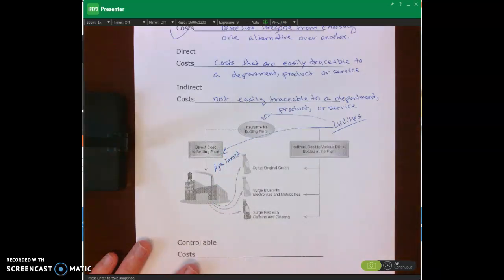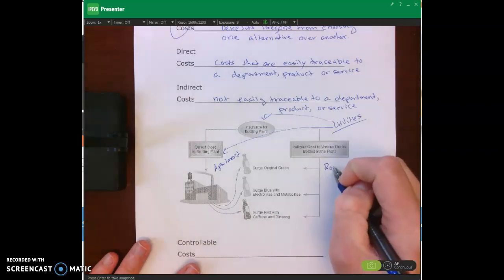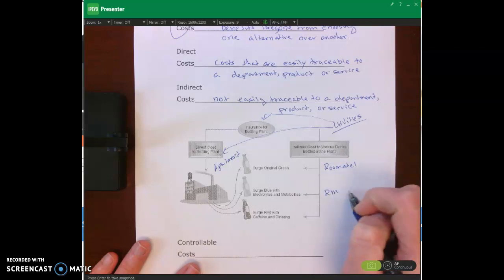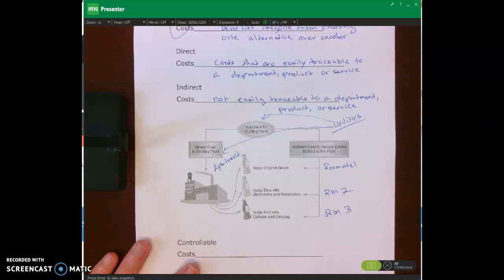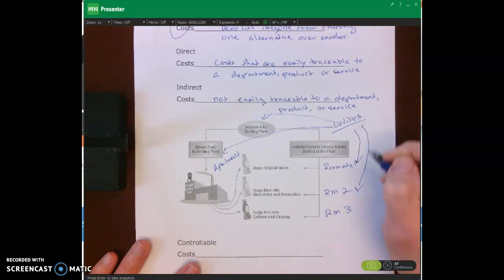It's for your apartment. But if there are 3 people in the apartment, roommate 1, roommate 2, and roommate 3, can you easily trace those utilities to each roommate? No.